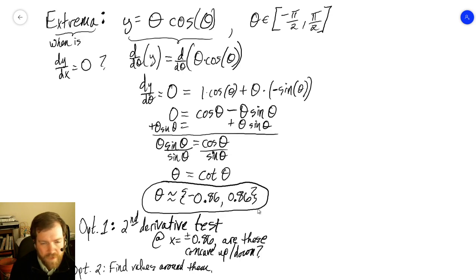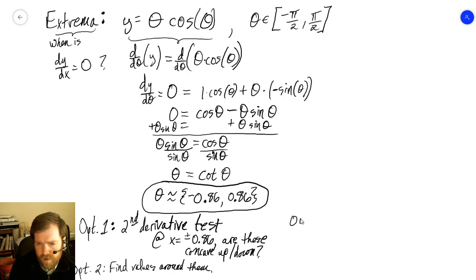You do have to be careful with that one, because, well, we already know where the mins and maxes are going to be, so you can't have any more places where it comes up or down beyond that. Since the original function is theta cosine theta, we're also in a continuous region, so you're not going to come out with anything discontinuous. So those have to be the only two critical points in that area.